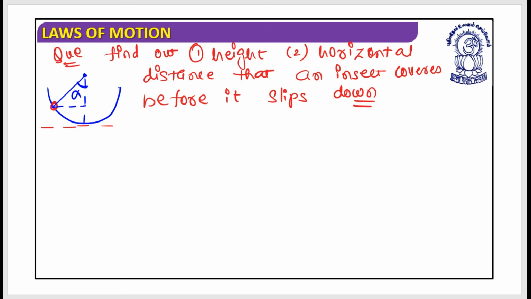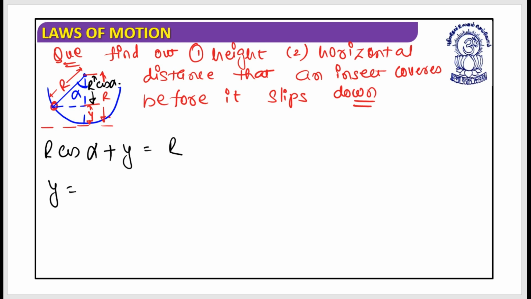Let's suppose this is the radius of the hemisphere. If this is the radius, even this complete would be a radius. I am interested in this y. So this could be written as r cos alpha. So r cos alpha plus y should be equal to r.